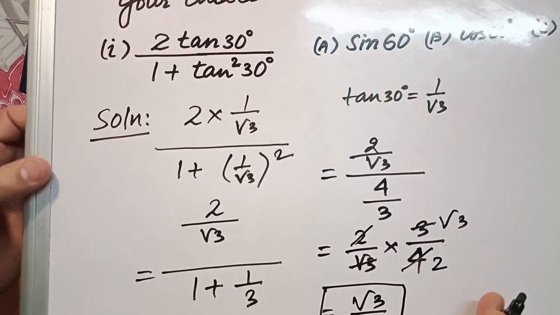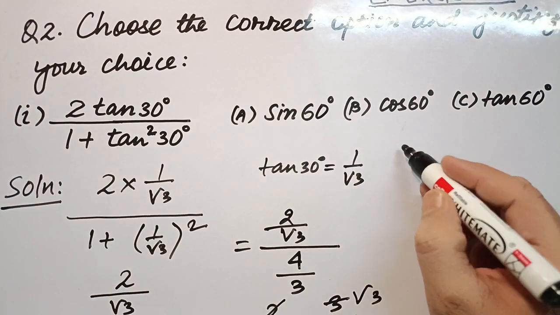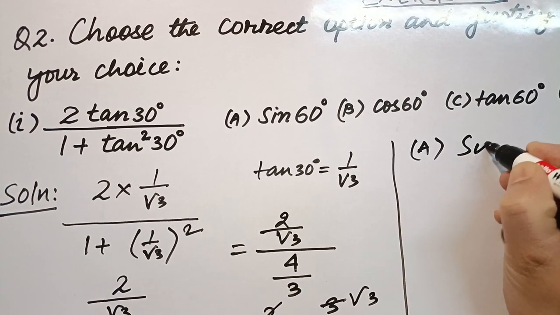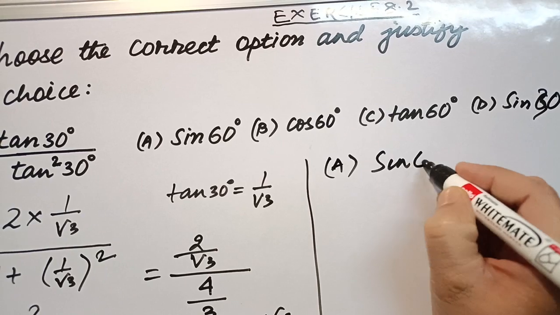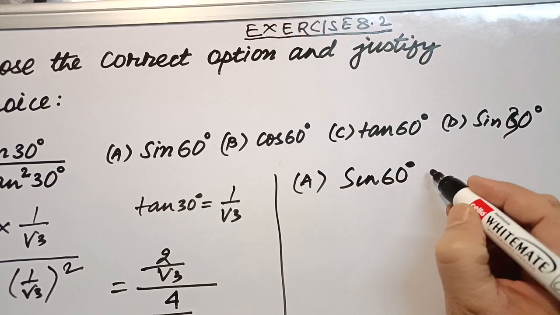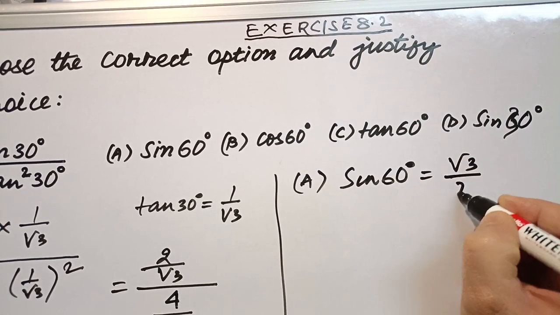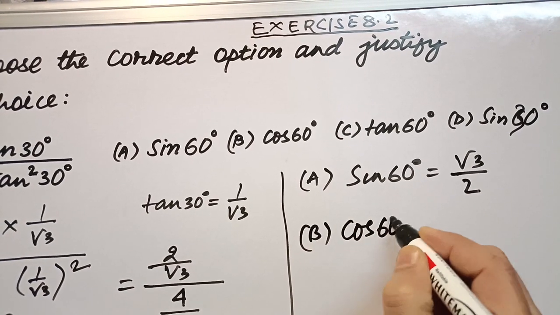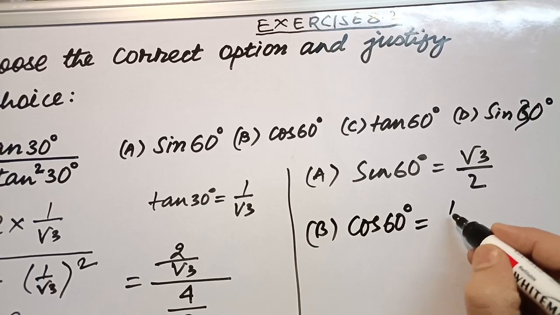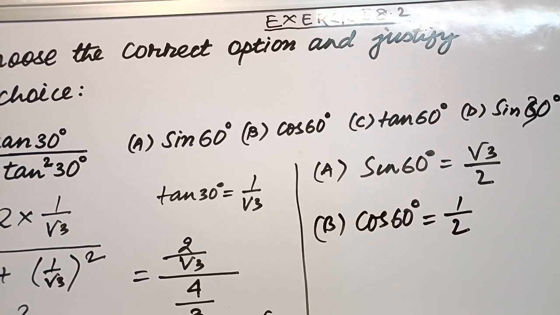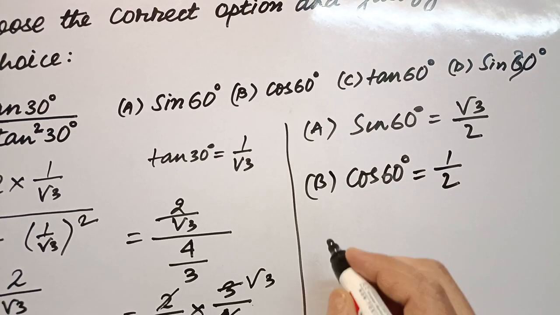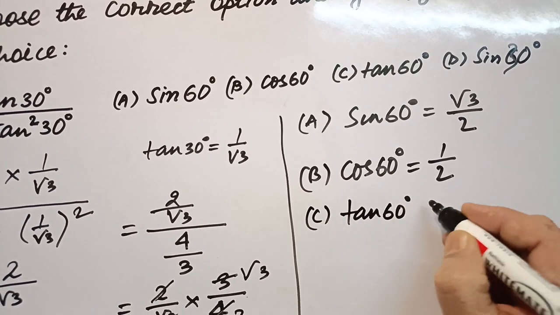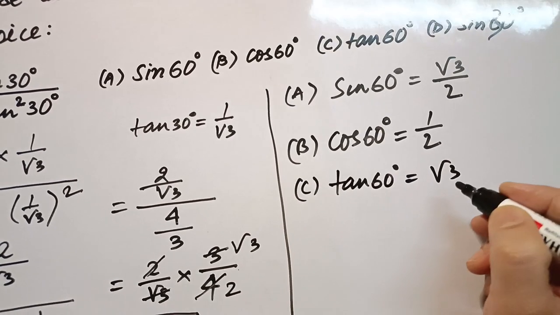Now let us check with the values of the given 4 options. Option A is sine 60, and the value of sine 60 is root 3 by 2. Let us check with B, cos 60. Value of cos 60 is 1 by 2. Similarly, tan 60 degree: you know the value of tan 60 degree, it is root 3.